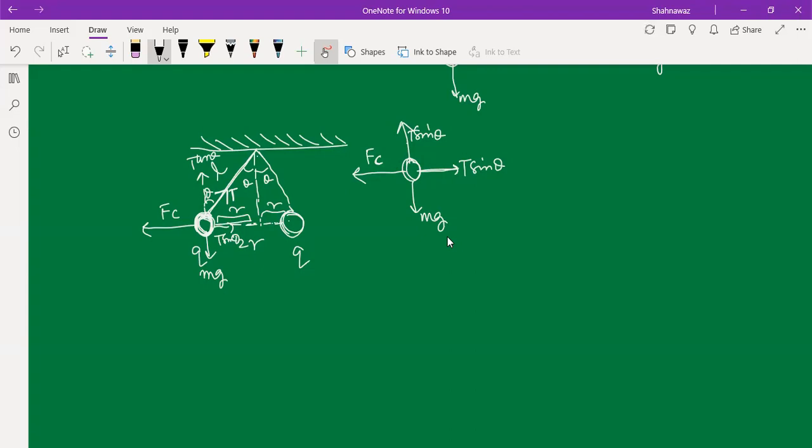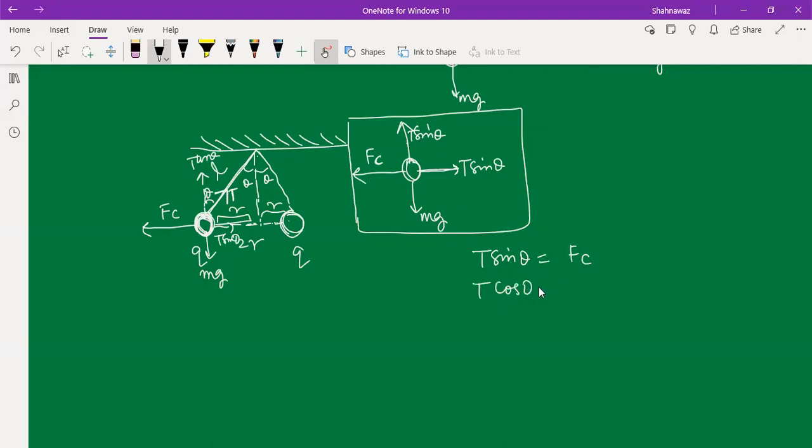So this is the free body diagram, which is at equilibrium for this charge. So we have T sine theta, which is balancing the Coulomb force. And then we have T cos theta, which is balanced by the weight.